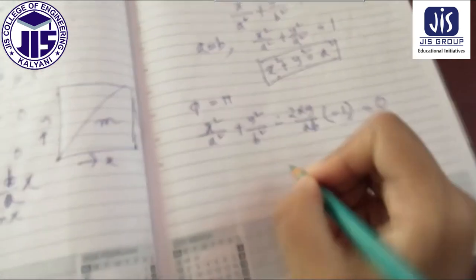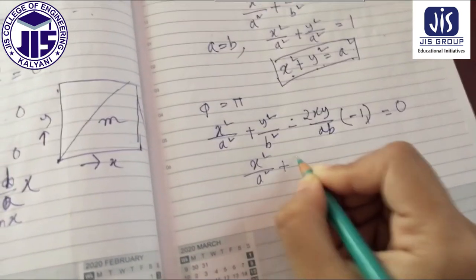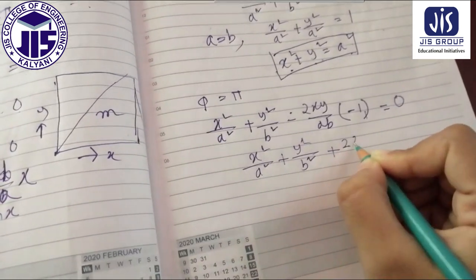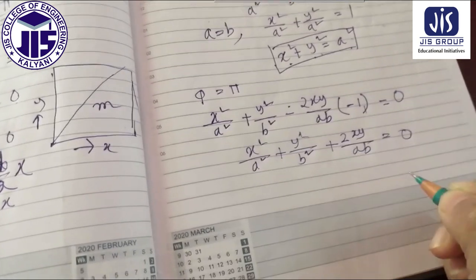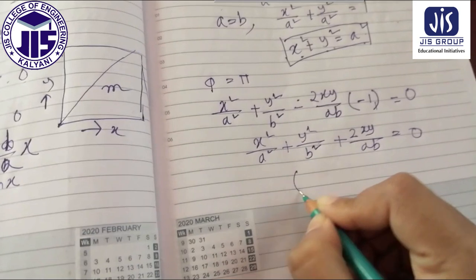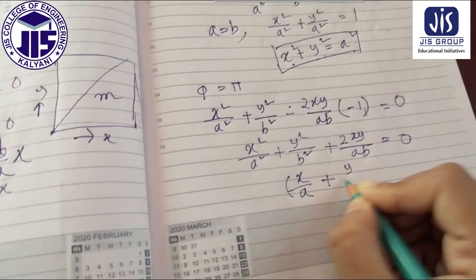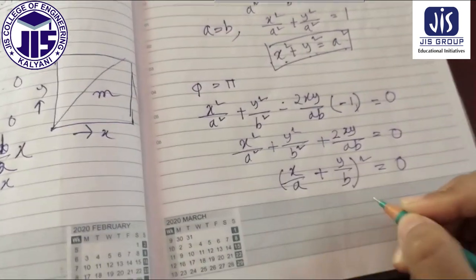So therefore x square by a square plus y square by b square plus 2xy by ab is equal to 0. Therefore x by a plus y by b whole square is equal to 0.